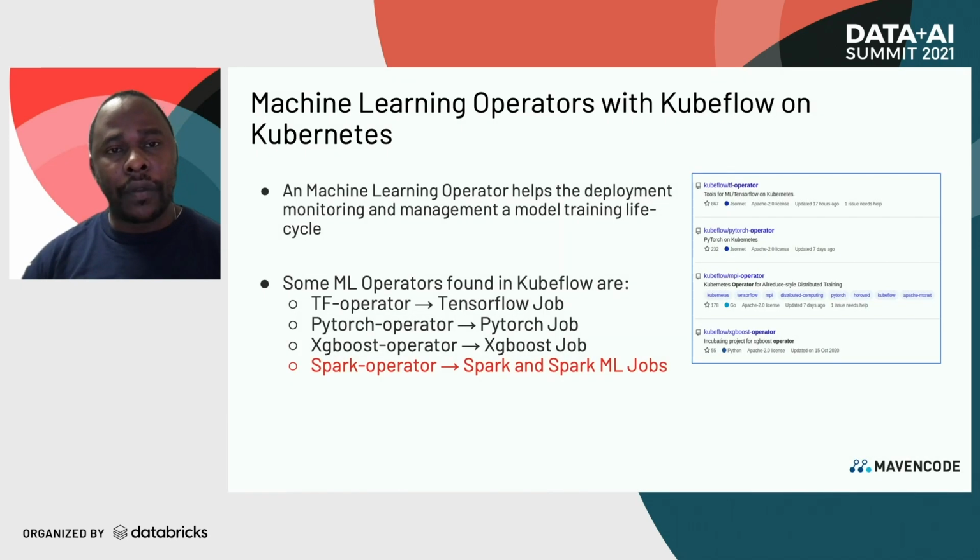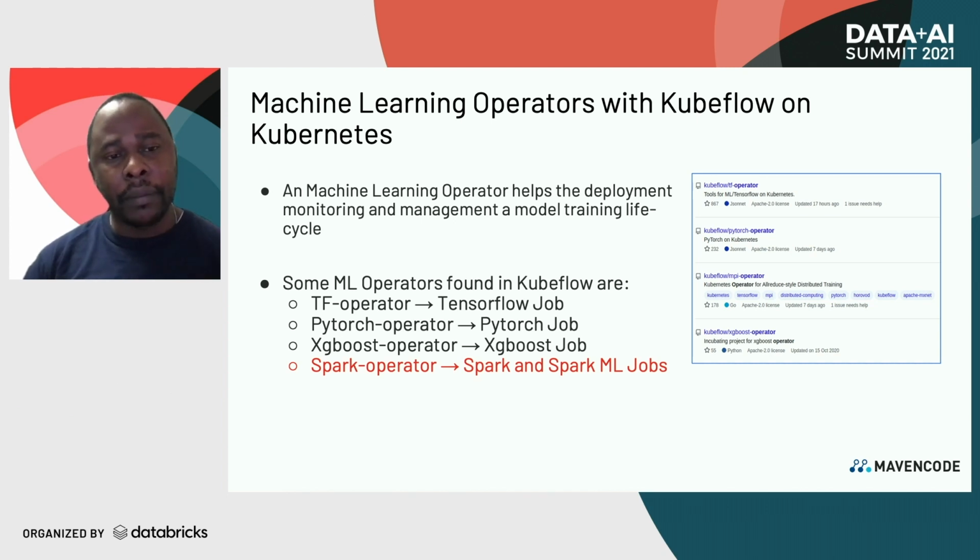So for us to run machine learning workloads on Kubernetes, we're leveraging an open source project called Kubeflow that allows you to run ML workflows on Kubernetes. It's a toolbox with a lot of things that you can use to run your workloads on Kubernetes. It has these operators. Operators are things that help you manage the deployment of your components and containers on Kubeflow.